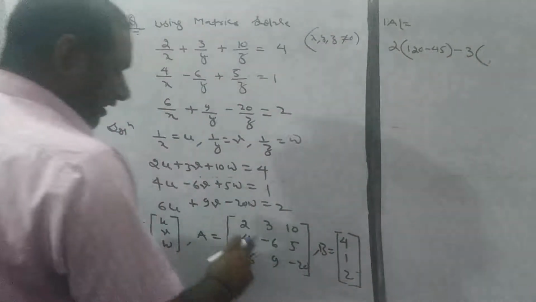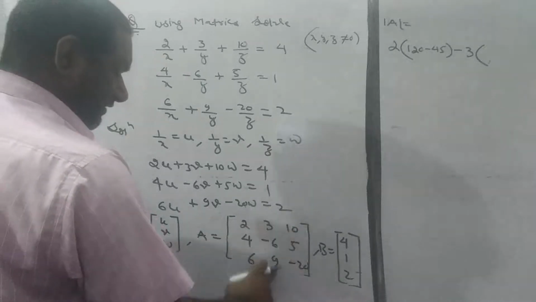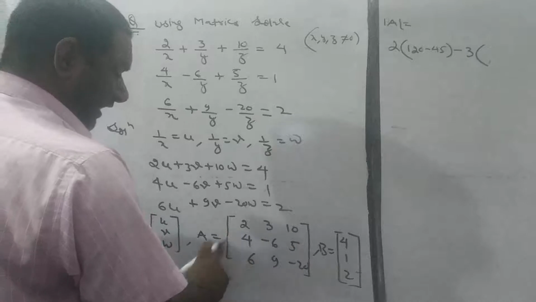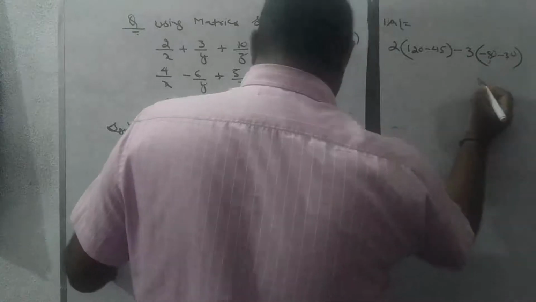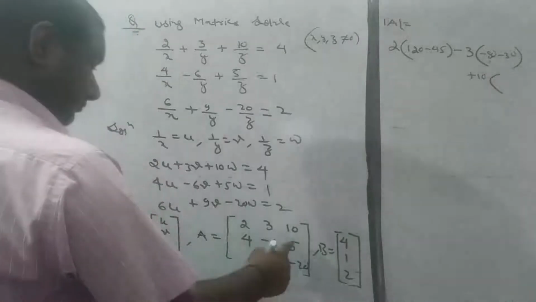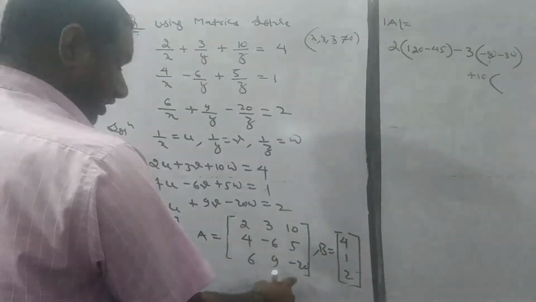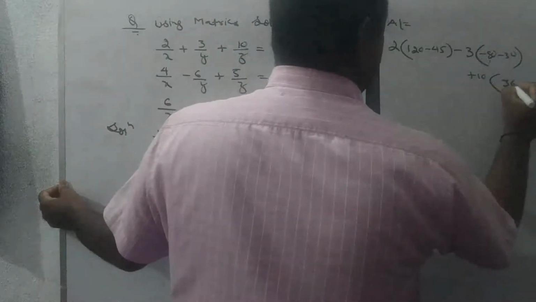What is the minor of 3? Deleting first row and second column, minus 80 minus 30. Now plus 10, deleting first row and third column, 36 plus 36.